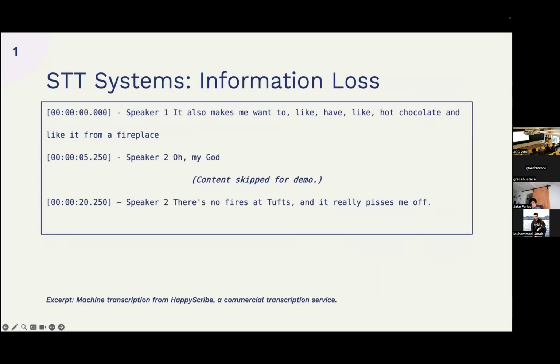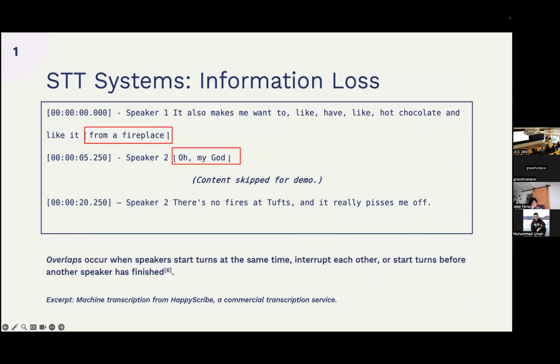So let's take a look at the transcript that I showed earlier of the two people speaking. This is just part of that. And we can see that the transcription that was generated by a commercially available speech-to-text system contains the turns, the words, and the timing of the words. But there's a lot of information that it fails to capture.